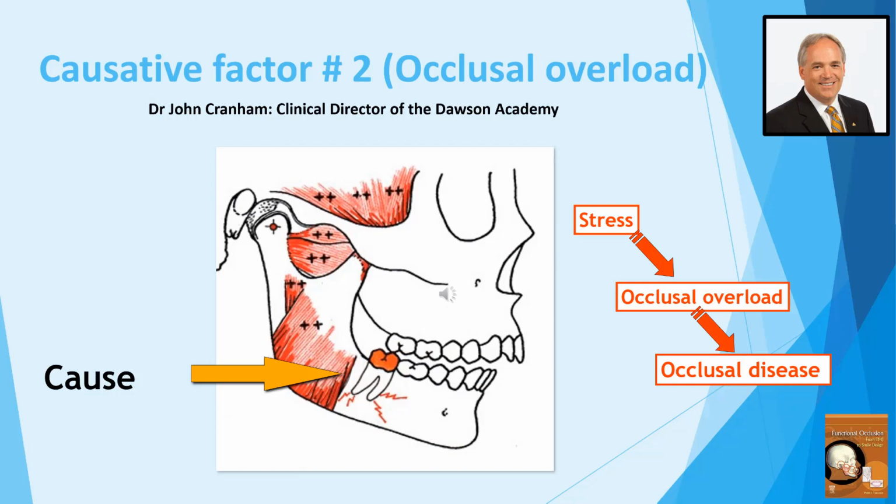And so if they're one of those folks that tends to brush and grind and parafunction, we have to start understanding there are ways that we can make the teeth fit together. There are principles that we can follow to better balance the bite and put appropriate forces on the teeth. That's what occlusion is about. That's what it is.